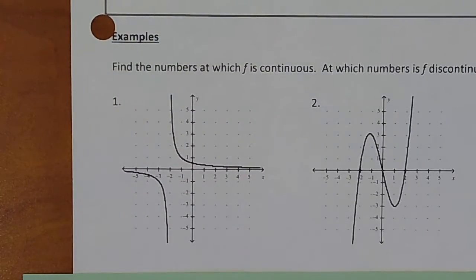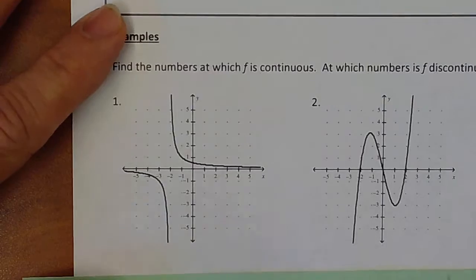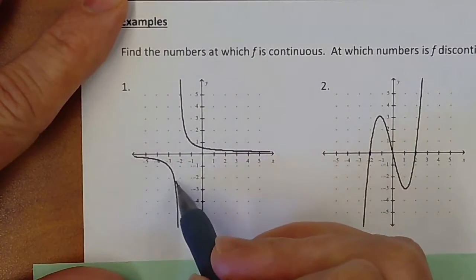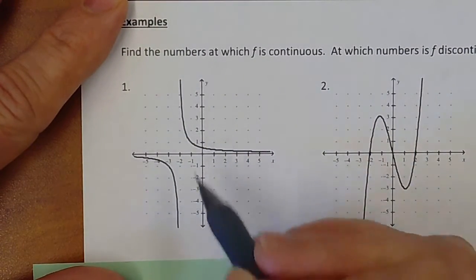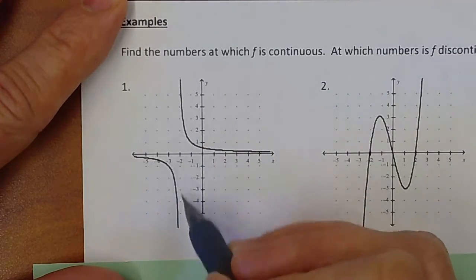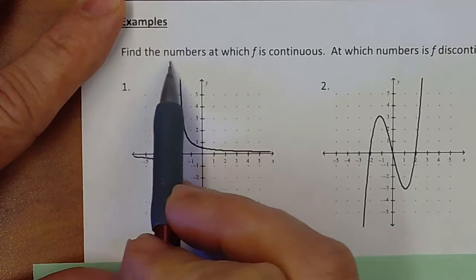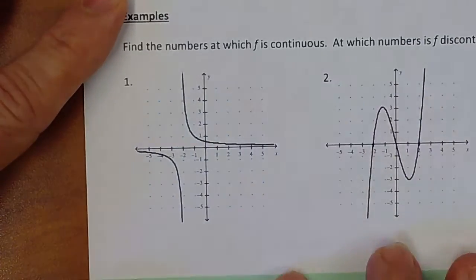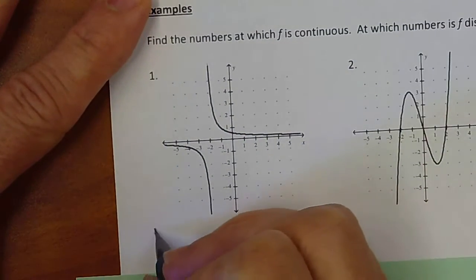So if they give you a graph to look at, it should be pretty obvious, right? Where am I picking up my pencil to draw this? Right here. I have to pick it up and then put it back down over here. So it's discontinuous where this vertical asymptote is happening. So to answer the first question, find the numbers at which this function is continuous. Let's just make a statement like this.